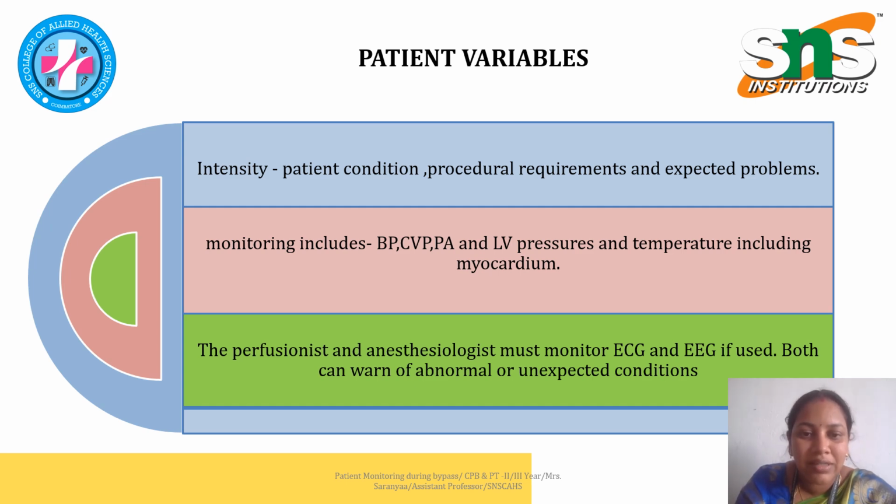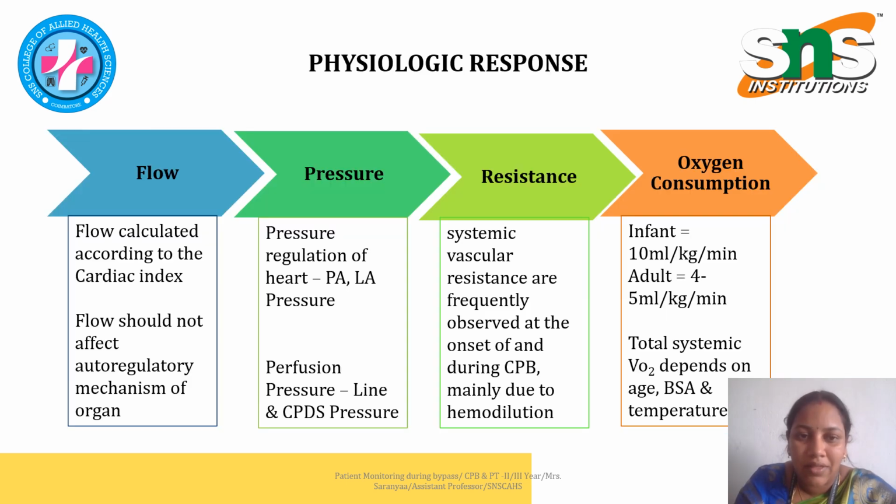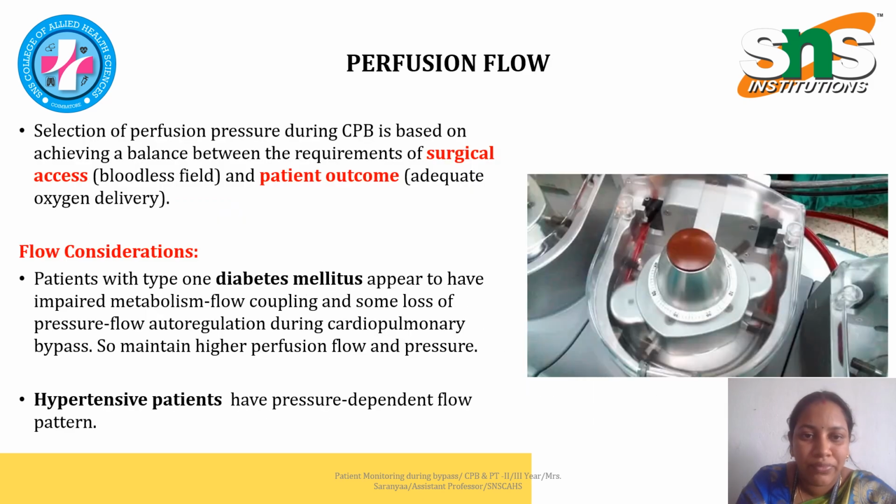So you want to monitor the BP, the central venous pressure, the pulmonary artery pressure and left ventricular pressure for all the cases. Physiological response is how the patient has responded based upon their flows: what blood supply you give to the patient according to the pressure and resistance, and how much oxygen is needed for the given flow.